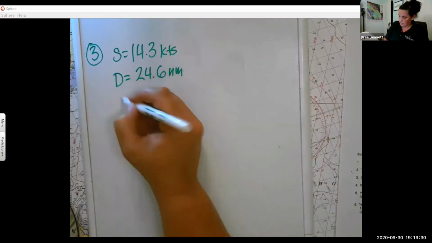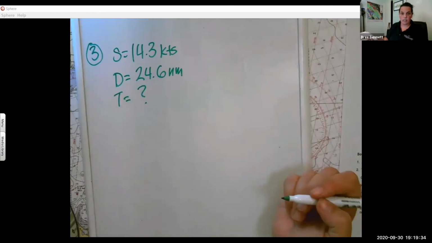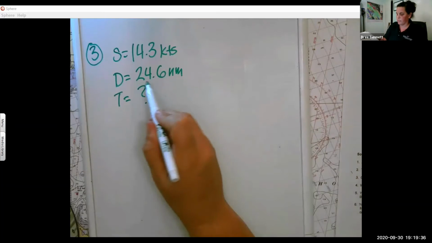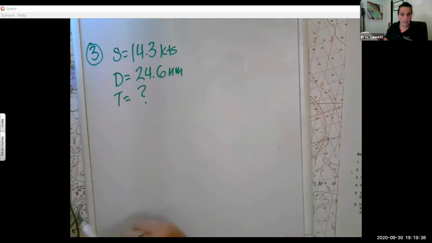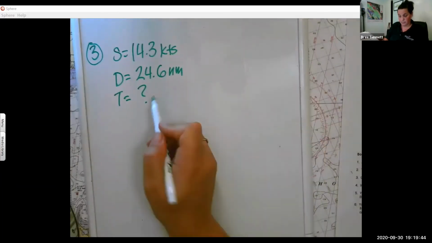How much time did it take? So how long will it take us to go 24.6 miles at a speed of 14.3? For time, we don't have to convert just yet because we don't have time.